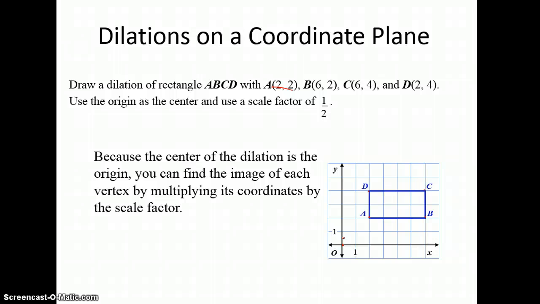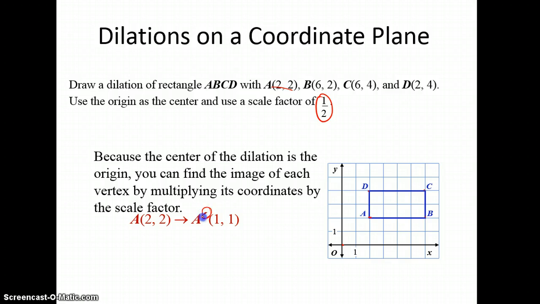Well, because the center of the dilation is the origin, this makes dilations very easy. You simply find the image of each vertex of my dilated figure by multiplying its coordinates by the scale factor, 1/2. So I'm going to take 2 times 1/2 and 2 times 1/2. And this will give me 1, 1, because half of 2 is 1.